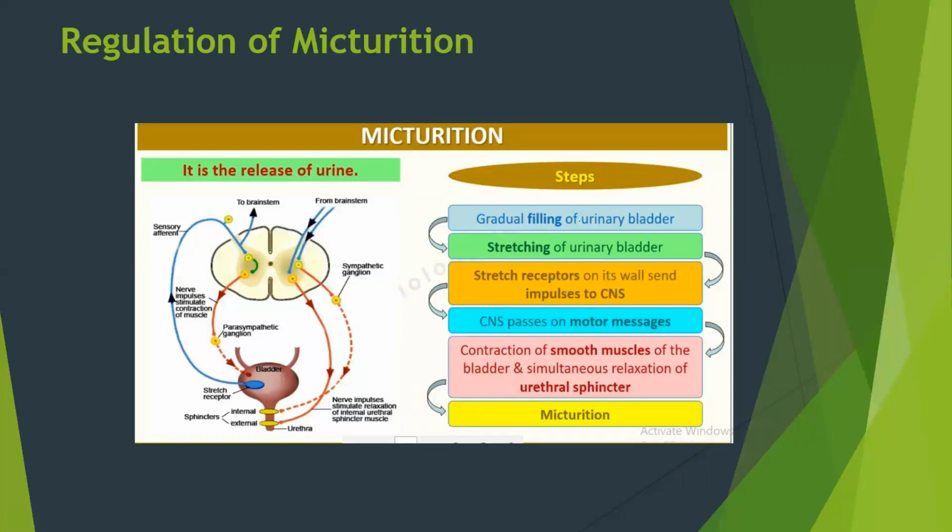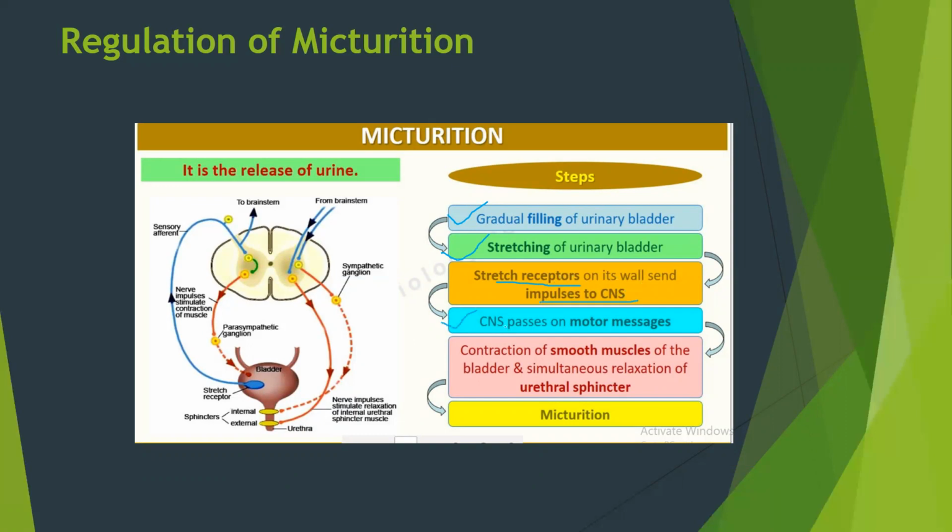If you look at the steps of micturition, first there is gradual filling of the urinary bladder. Then the urinary bladder stretches. The walls of the urinary bladder have stretch receptors, so the stretch receptors on the walls of the urinary bladder send an impulse to the CNS, central nervous system.